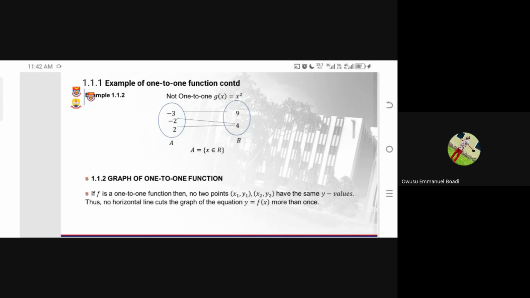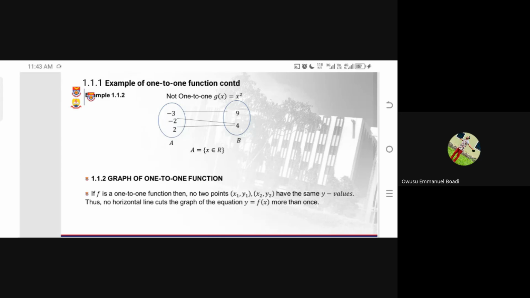Because of that, it is not 1 to 1, but a different type of function, which is many to 1. In this course, we are going to focus on 1 to 1 functions. The other types of functions will not be looked at, so let's kindly take note.